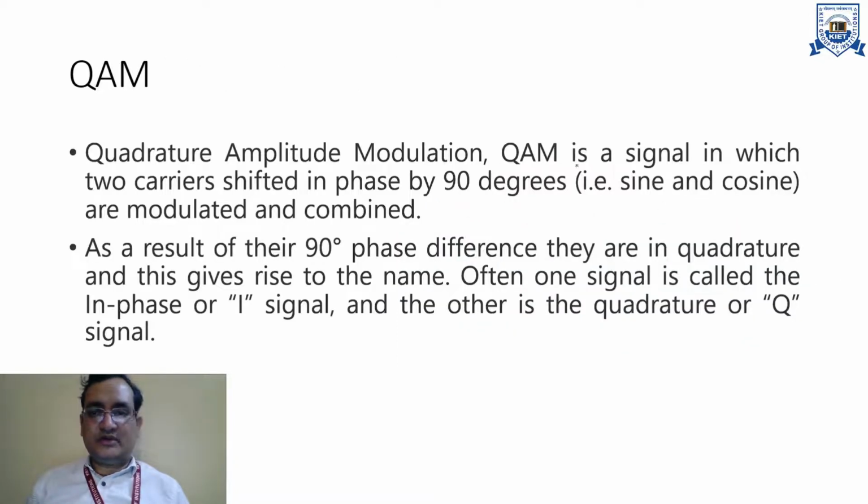Quadrature amplitude modulation is a signal in which two carriers are shifted in phase by 90 degrees. That means, for example, if we want to transmit two different digital bit streams with the same frequency component, in that case I have to take a single frequency component but two different signals with a phase difference of 90 degrees.